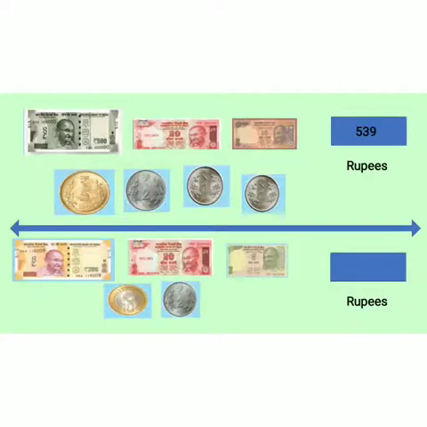We have total 237 rupees in all. Now children, you have to count the given notes and given coins together and write the total amount or value in the given empty box.